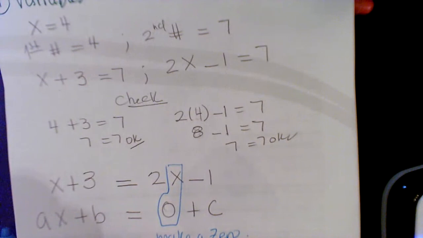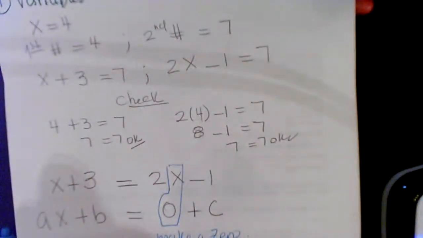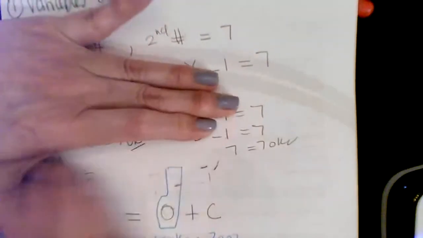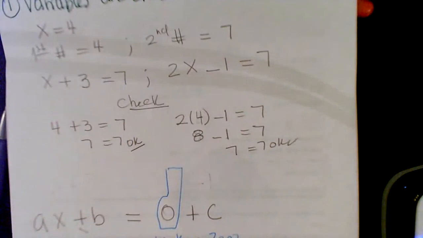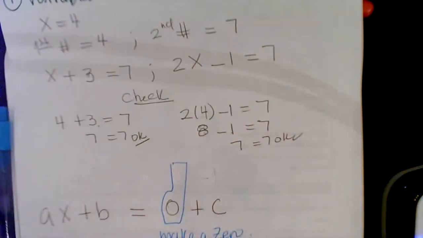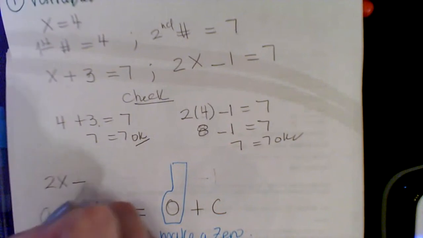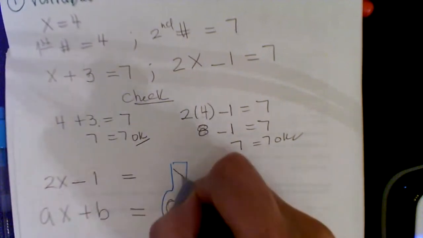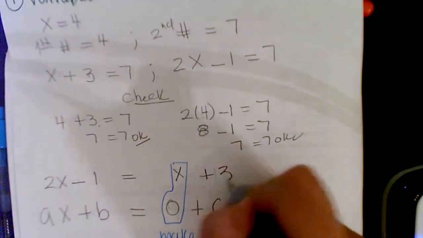So we have 2x minus 1 is equal to x plus 3. Okay?